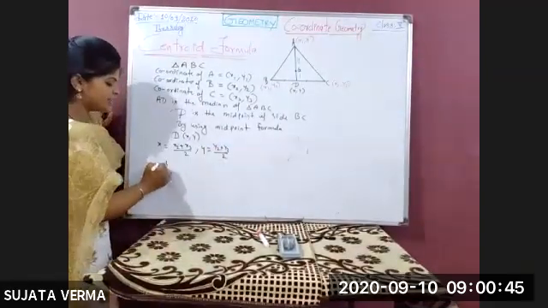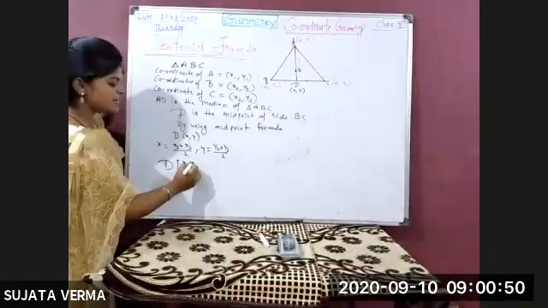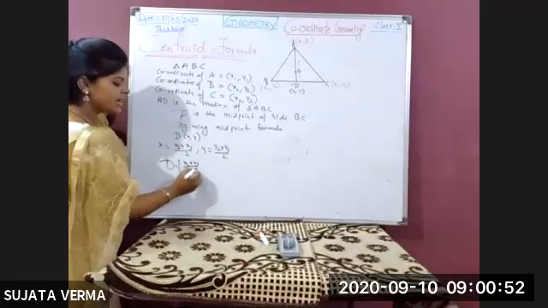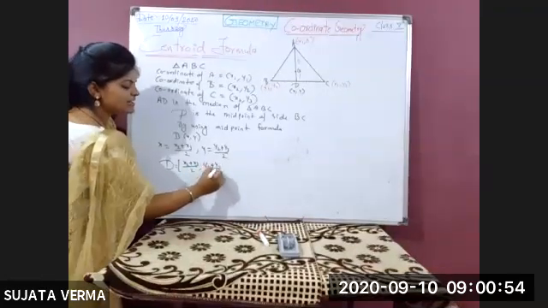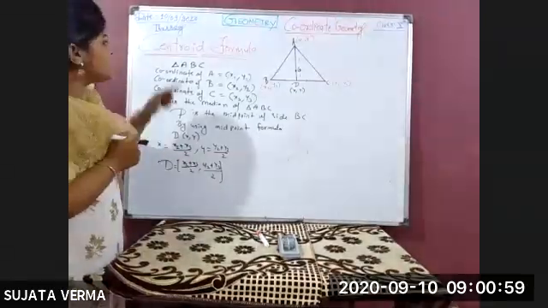So we get the coordinates of D as ((x2 plus x3) divided by 2, (y2 plus y3) divided by 2).